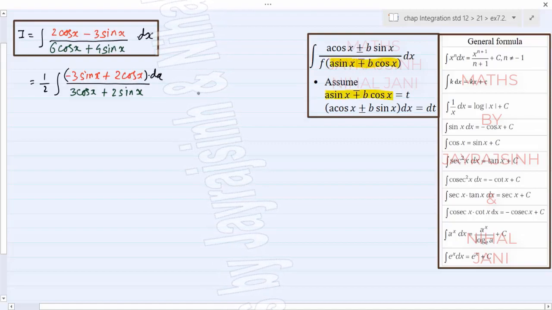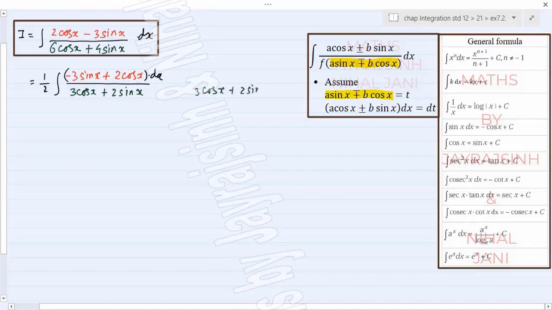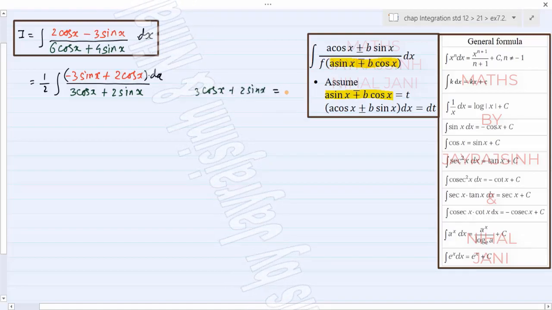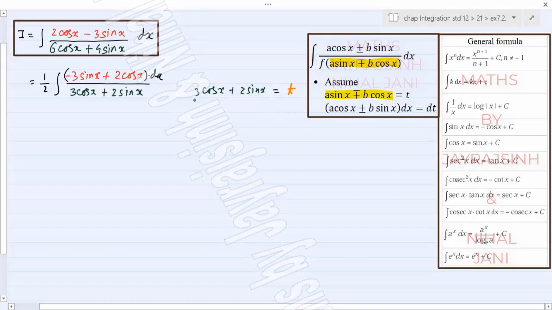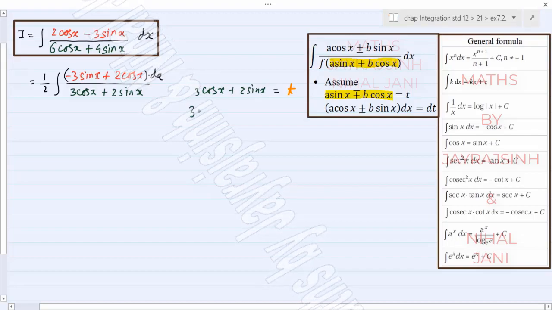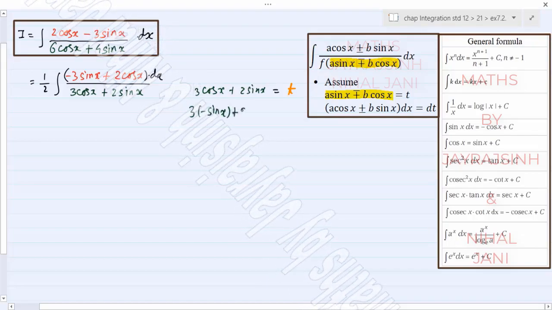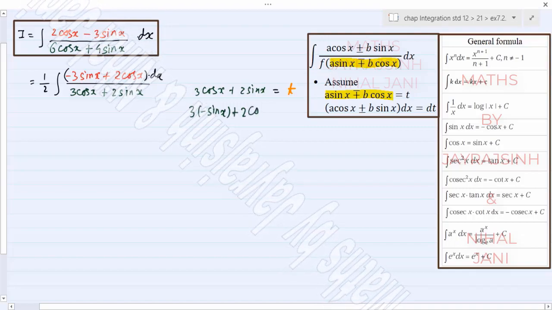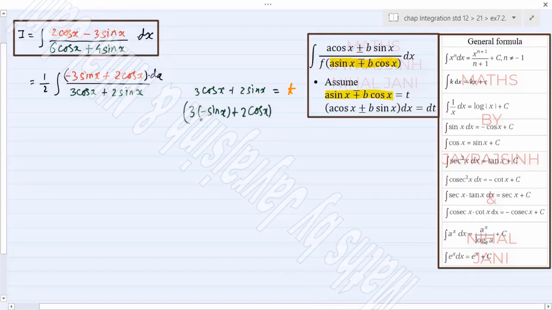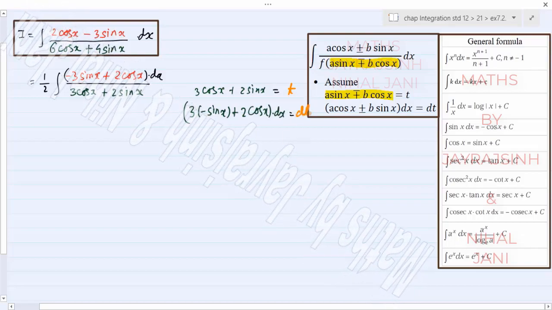Now let's assume 3 cos x plus 2 sin x is equal to t. So if we differentiate both the sides, we will get 3. Differentiation of cos x will be minus sin x, plus 2. Differentiation of sin x will be cos x, dx will be your dt.